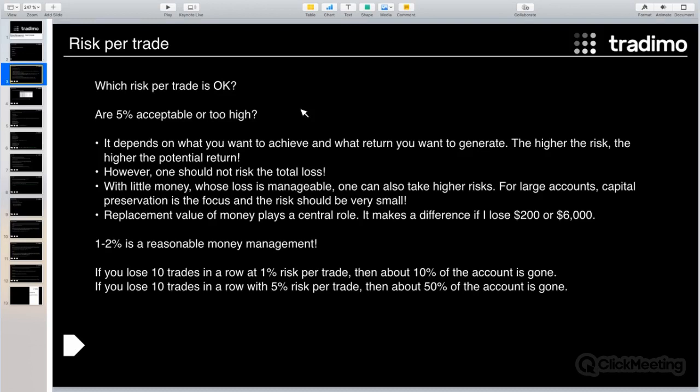So it's just a part of your money. And it is not that hard to get $100 from your other account, or you can earn it in your profession. And then, of course, you can risk more because $100 is not that important to you as maybe $20,000. So the replacement value of money plays an important role.